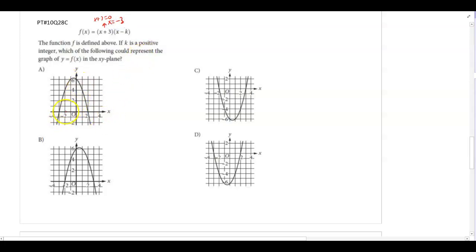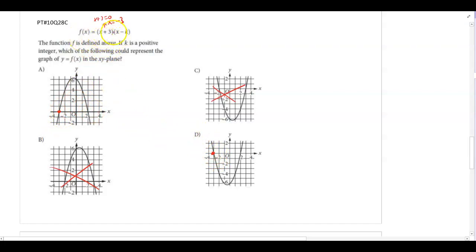So when I look, this graph has an x-intercept of negative 3. That does not. This does not. And if I look here, here's my x-axis. That does. So just by looking at the x-intercept, I know my choice could be A or D.